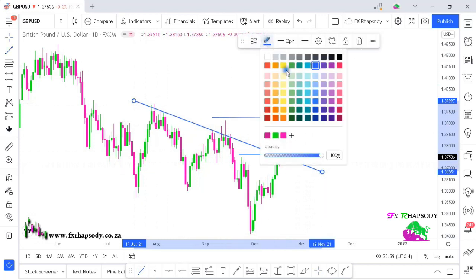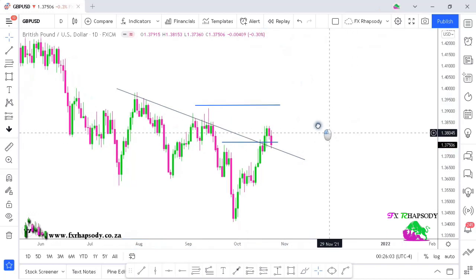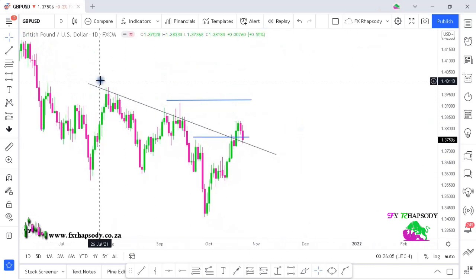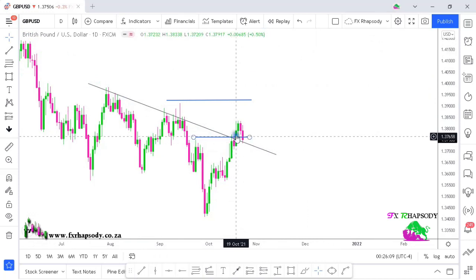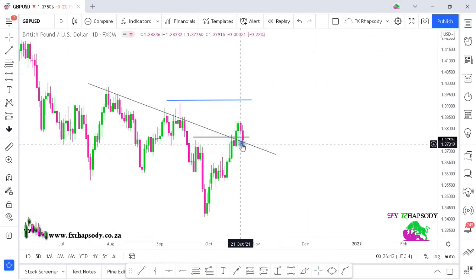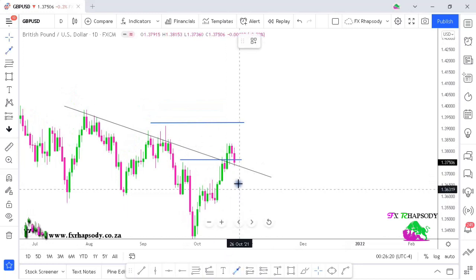Let's just make this black again. So basically, there was this daily time frame trend line going down. Price broke this trend line, came down, and retested it now. So this is where we're looking at, okay, will this now carry on to the upside?